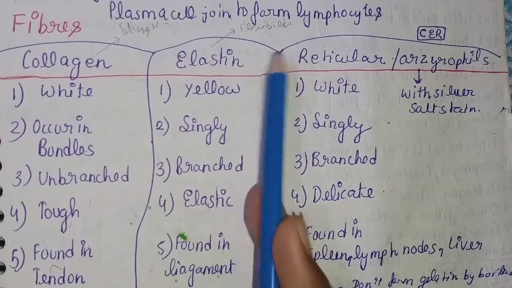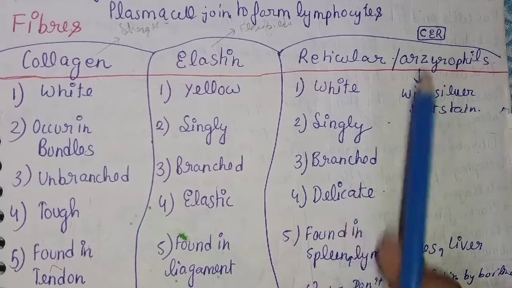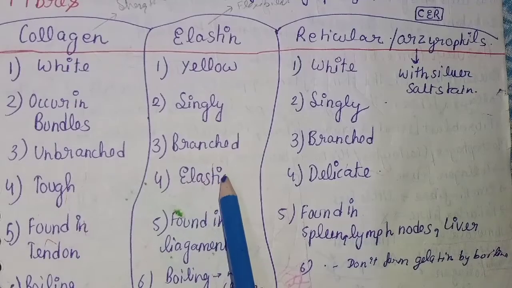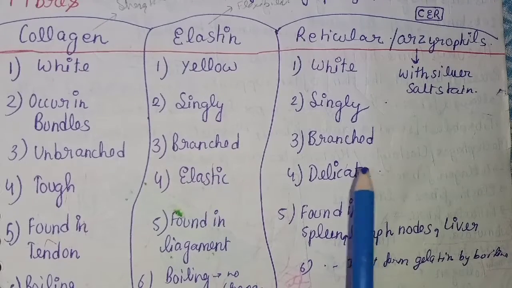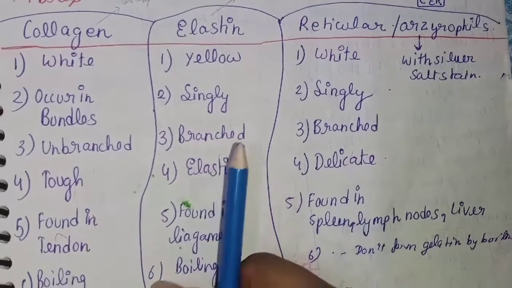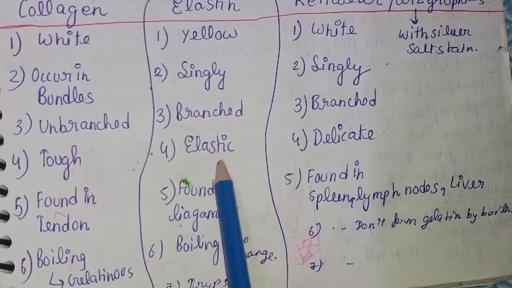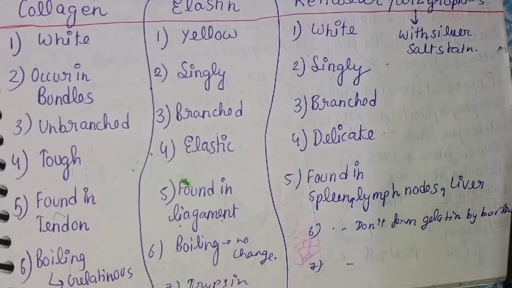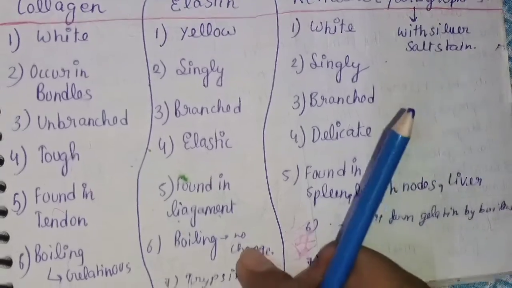Collagen is unbranched, elastin is branched, reticular is branched. Collagen is tough, elastin is elastic, and reticular is delicate. Collagen is found in tendon, and also in ligament, elastin is found in ligament, and reticular fiber is found in spleen, lymph nodes, and the liver.